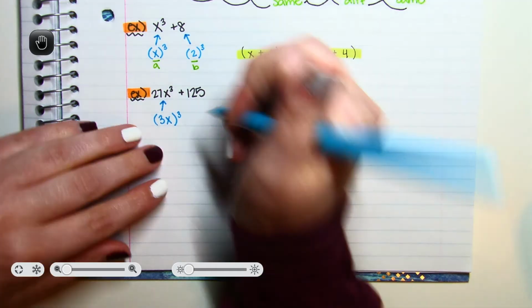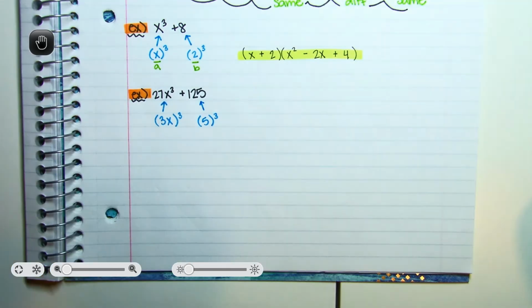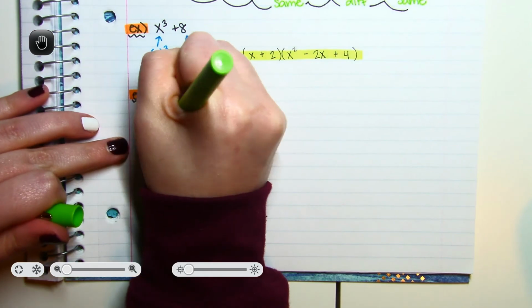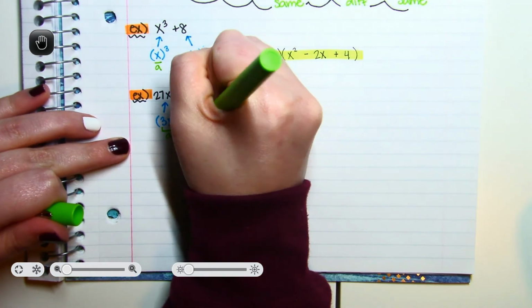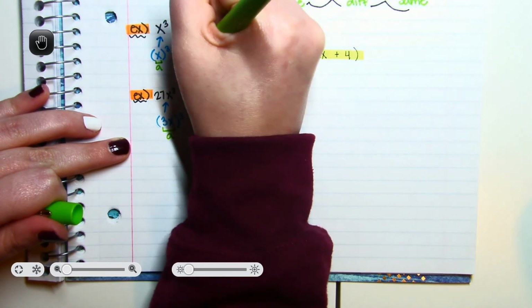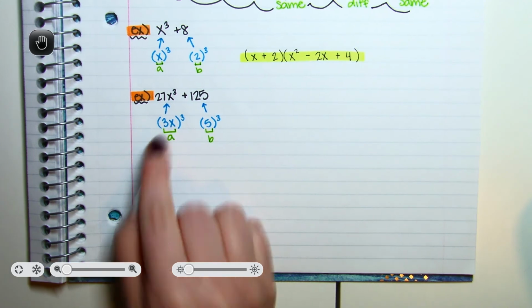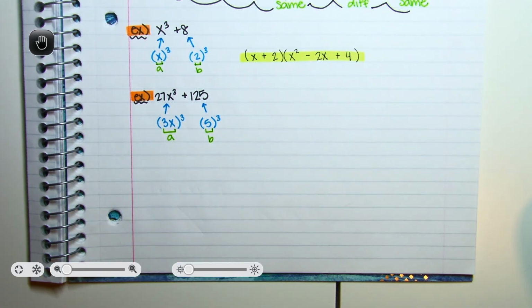All right, 125 is 5 cubed. So 3x is my a value. 5 is the b. So now I can plug these into my formula. Now this one, because my a value is 2 terms, I want to be careful with that when I write it out.